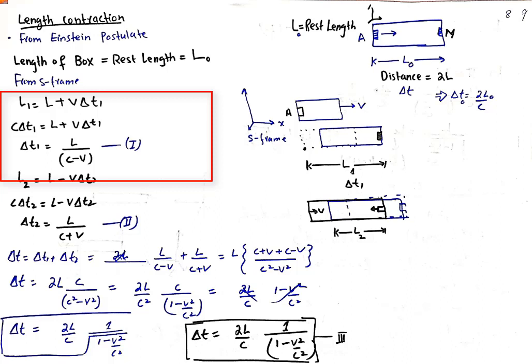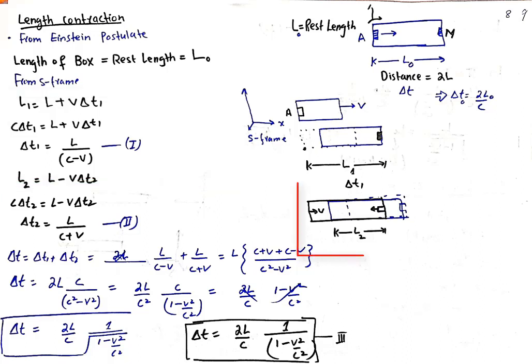Now when the light reaches mirror M, it is reflected back. But you see, when the light is reflected back it is moving along the negative x direction, while the setup, or the point A, is moving along the positive x direction. Therefore light has to travel a shorter distance.